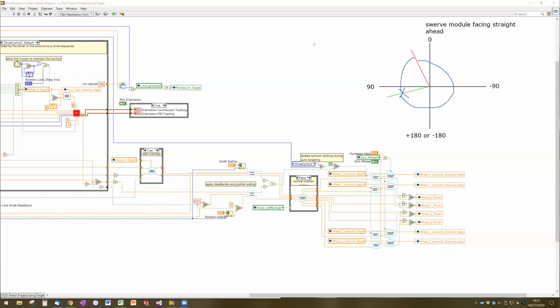An alternative option would be to point in the exact opposite direction and spin the wheel backwards. So we could point 180 degrees away from this angle and then just invert the power on the motor, and we would get the same direction of motion out of the robot. Does that make sense to everyone? Or are there any questions?